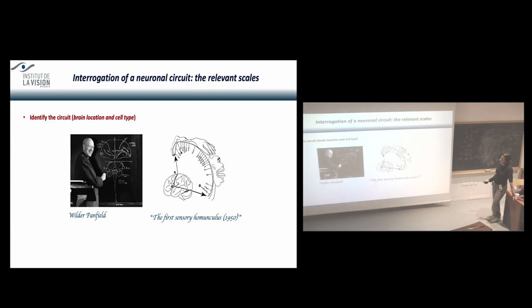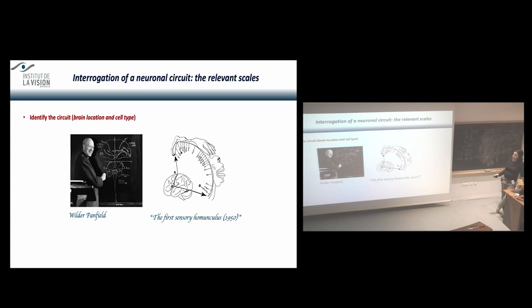This investigation, pioneered by Wilder Penfield, consisted in humans of electrostimulation to touch different parts, in this case of the sensory cortex, and look at which part of your behavior this stimulation was controlling.